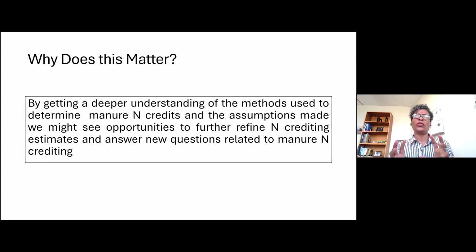So I don't want you to get lost in, oh, well, it's so complicated. Yes, it's complicated, but are there opportunities for us to further refine our nitrogen estimates from manure? So that's how I want you to come into this.